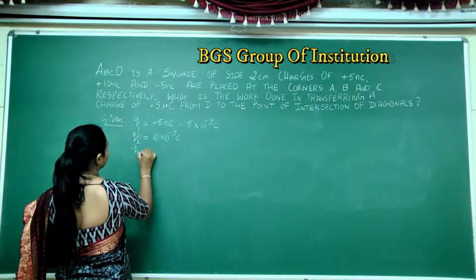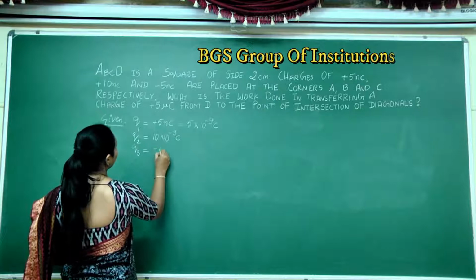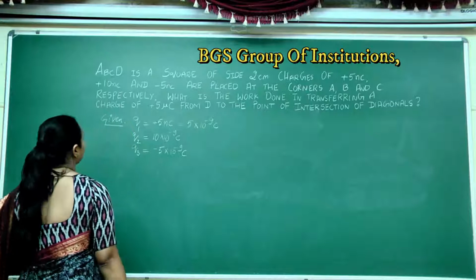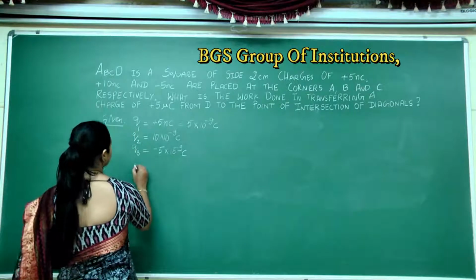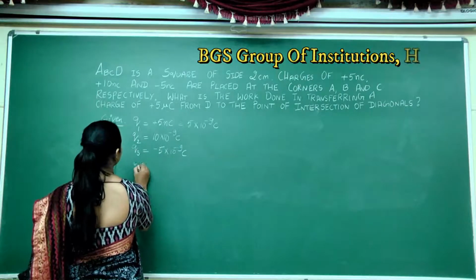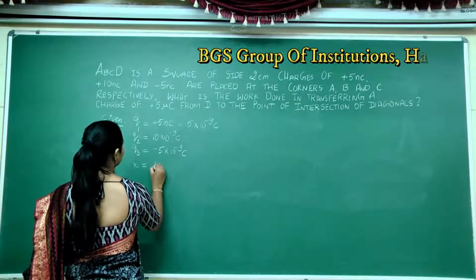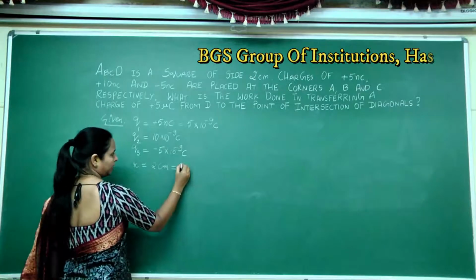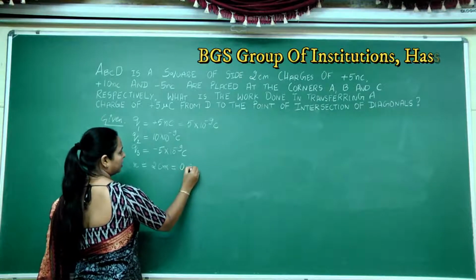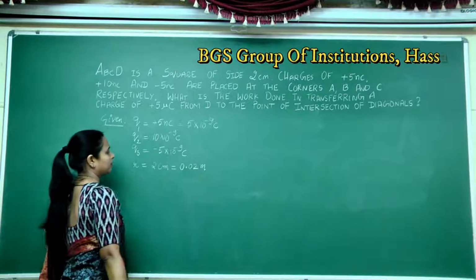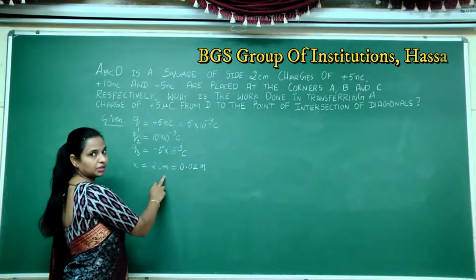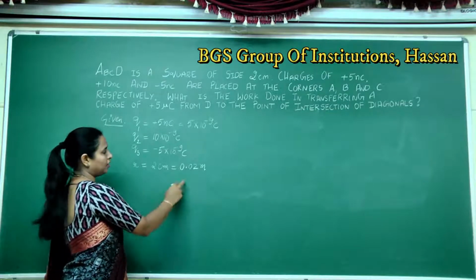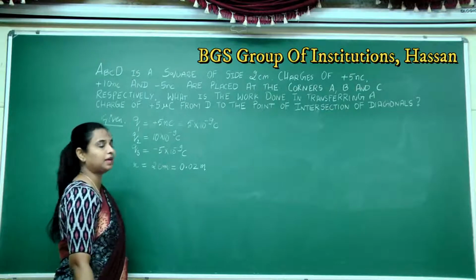Q3 is equal to minus 5 nanocoulomb. And what is the side? Side is 2 centimeter, and convert this into meter, that is 0.02 meter. Cent is 10 power minus 2 or divided by 100. If you divide 2 by 100, you will get 0.02 meter.